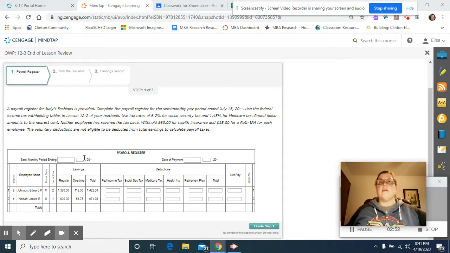So in this case, for Edward Johnson, the 1320, if he could deduct that, you would take the $75 from his pay, and that's what would get reported to the IRS for his earnings instead of the 1320.